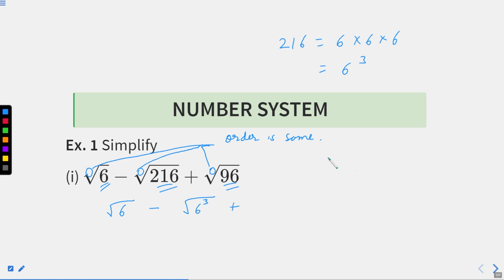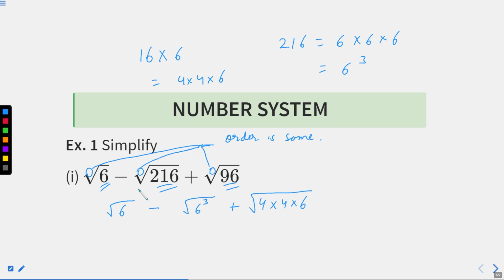Now what about the 96? 96 is 16 times 6. Okay, 16 times 6 is 96. So we rewrite it like this, and we know 16 is 4 times 4, into 6.